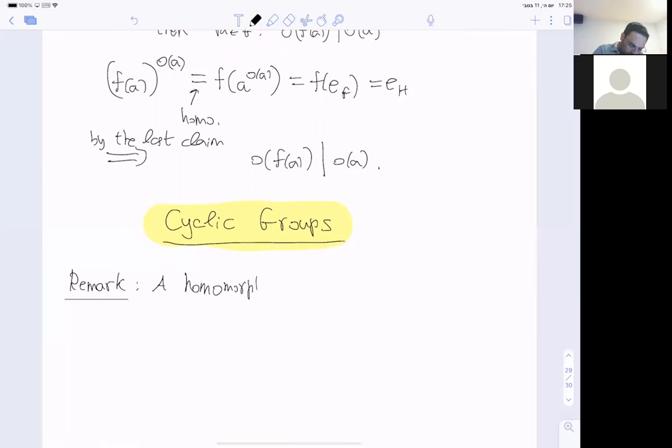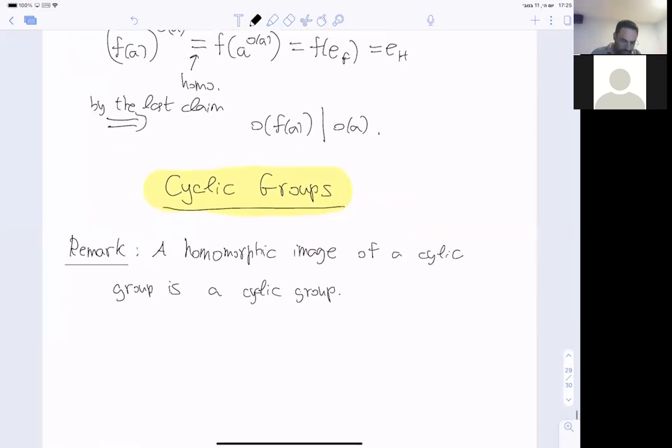Homomorphic image. I mean, the image of a homomorphism of a cyclic group is a cyclic group. Why is it true?